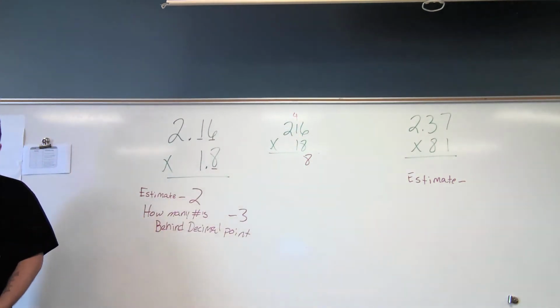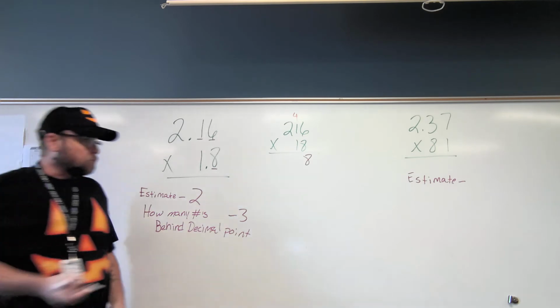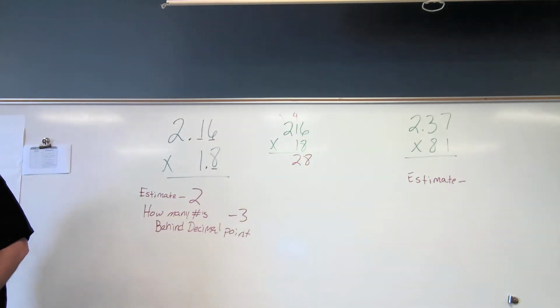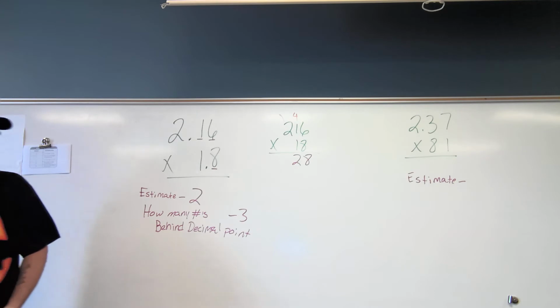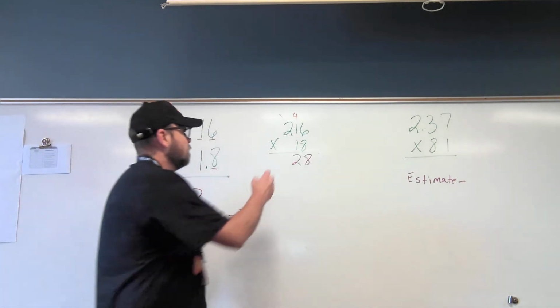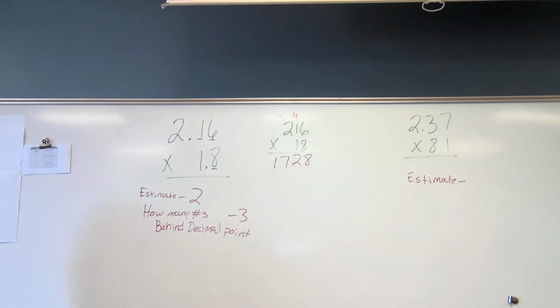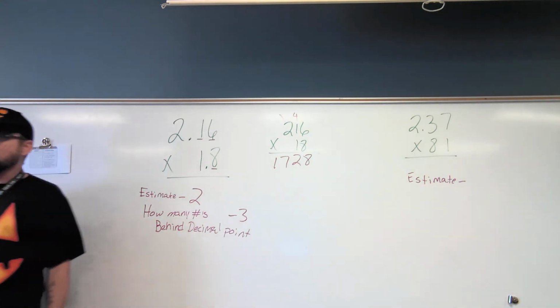Grace, 8 times 1. 8. Plus 4. 12. I have 12 tens. Grace, 8 times 2. 16. Plus 1. 17. Okay. 1, 7, 2, 8. Not a reason anybody shouldn't be able to get that far.